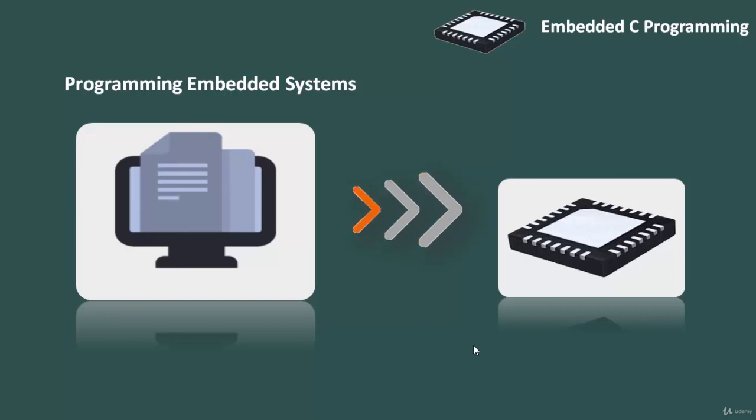From this, it is clear that the software part of embedded system is equally important to the hardware part. There is no point in having advanced hardware component with poorly written program or software.